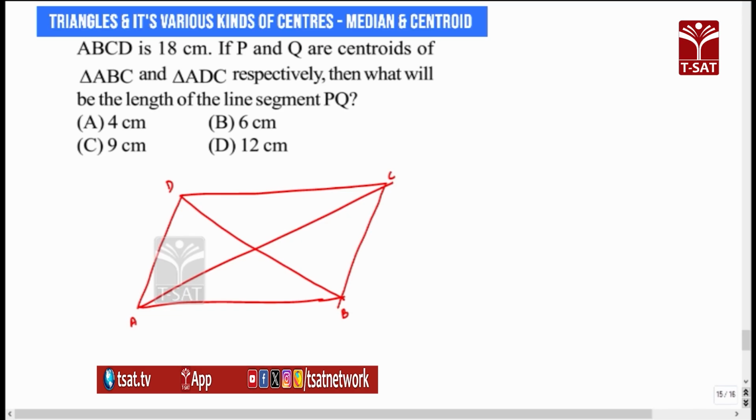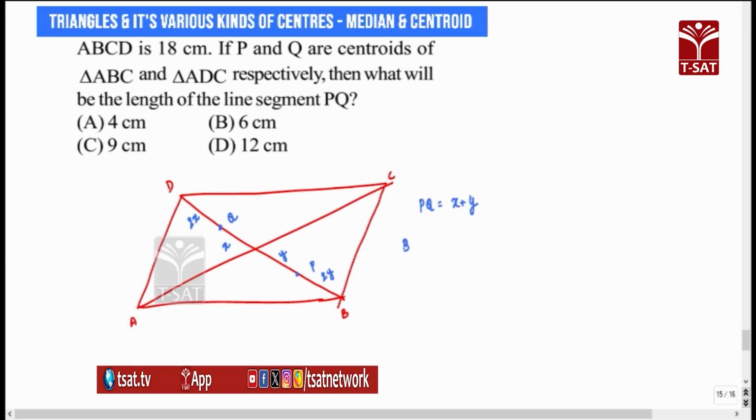So, P and Q are the centroids here. Let this be P, let this be Q. We all know a centroid divides the median in a 2:1 ratio, which means if it is 2x, this is x. If it is 2y, this is y. Here PQ is equal to x plus y.